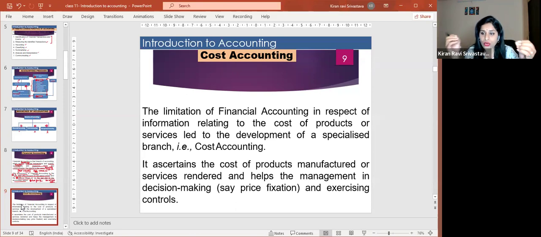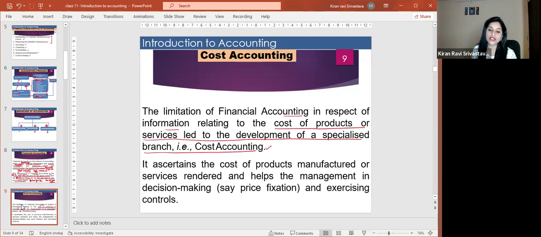To improve upon these disadvantages, a new branch of accounting came, which was cost accounting. Now, what is cost accounting? The limitation of financial accounting in respect of information related to the cost of products or services led to the development of a specialized branch, that is cost accounting.